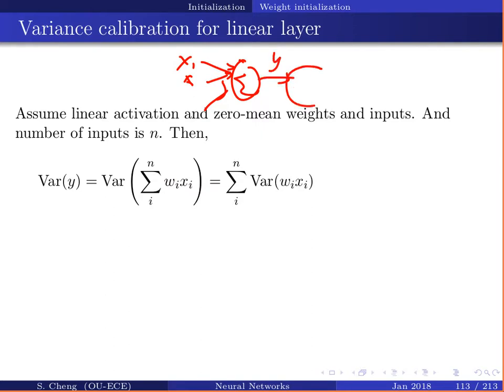I don't have an activation function for now. So what we want is for the input going into each layer to still have the same variance. We don't want the variance to change.